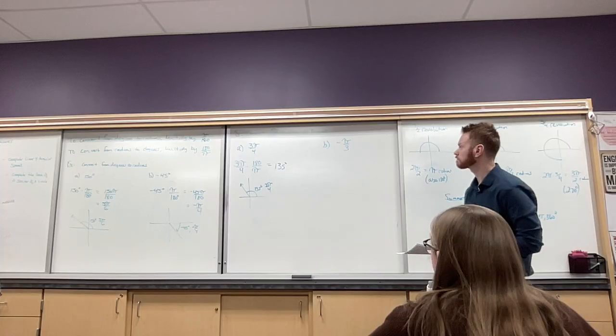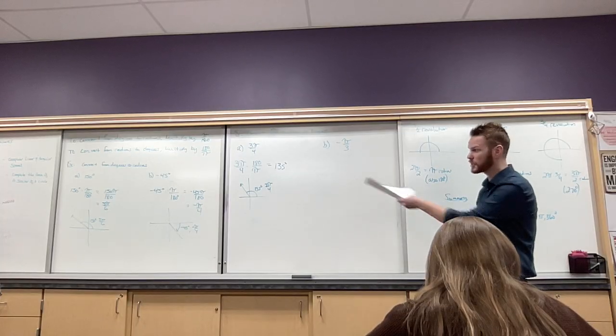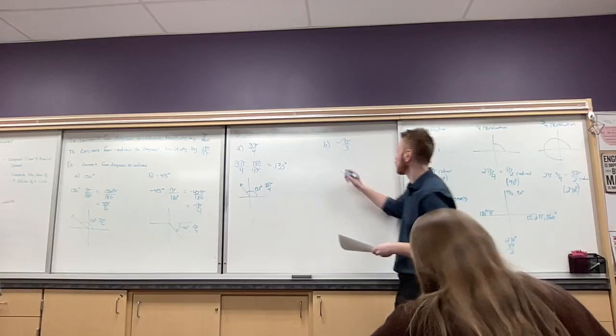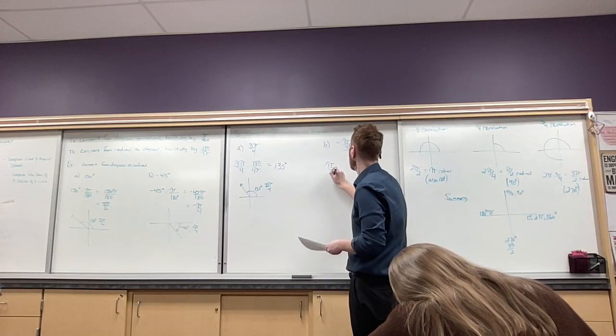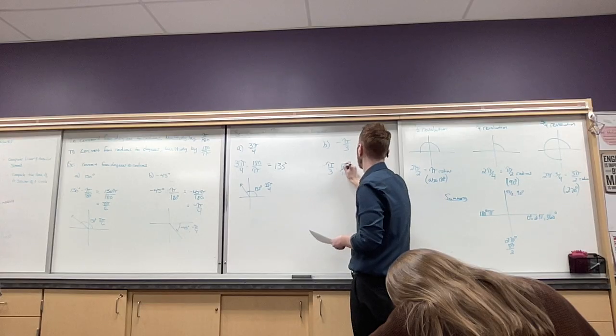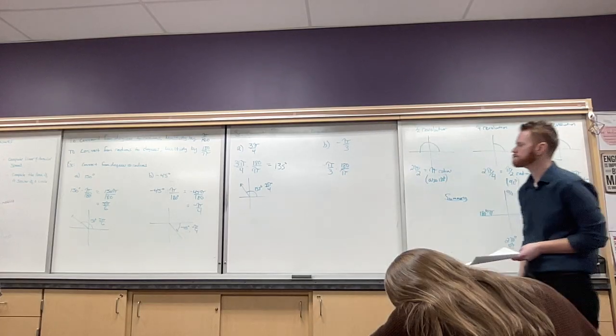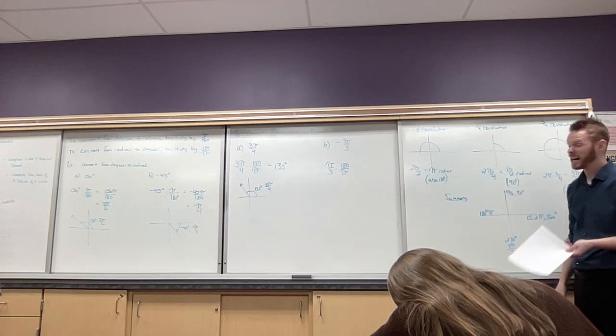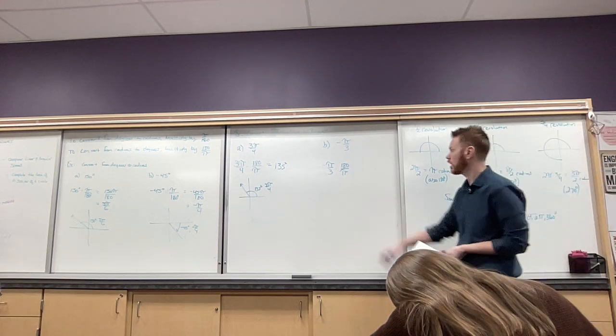Just like that. Okay, part B. Just like part B over there, that negative isn't going to affect anything. Just convert normally. So negative pi over 3 times 180 over pi. Again, we can see that we're just going to have degrees as a result. Pi's are going to reduce out, so they're gone.